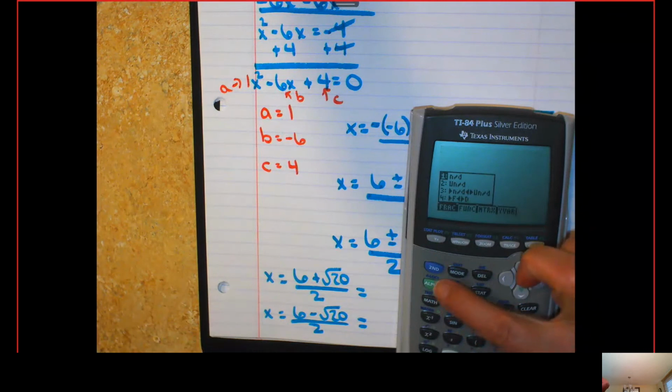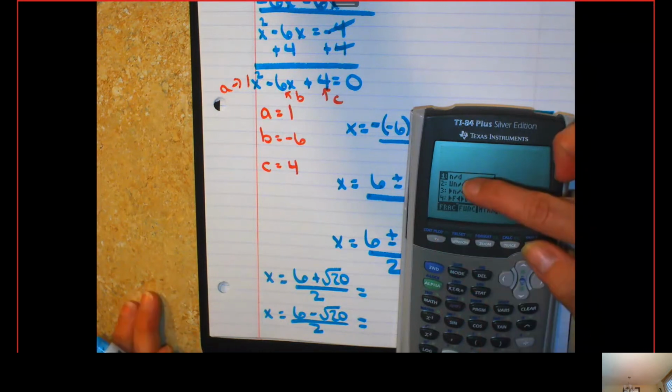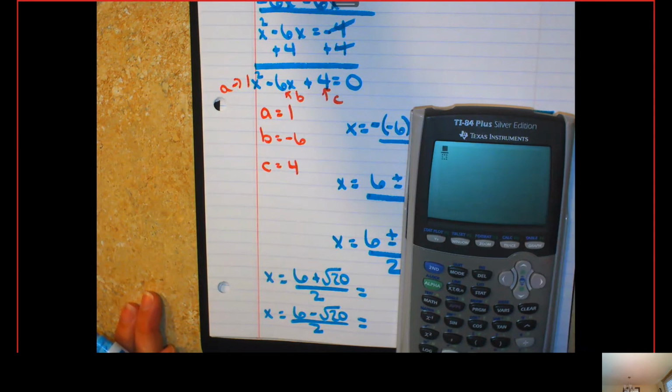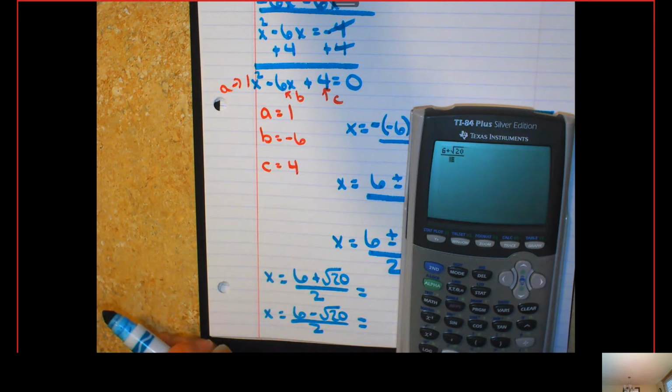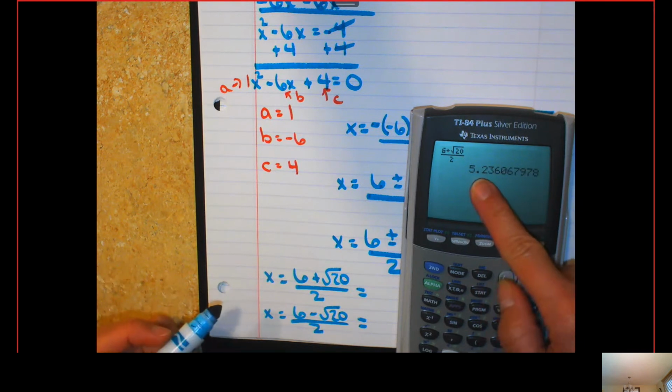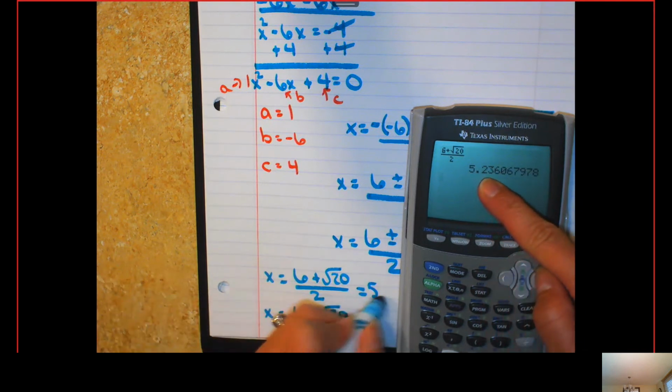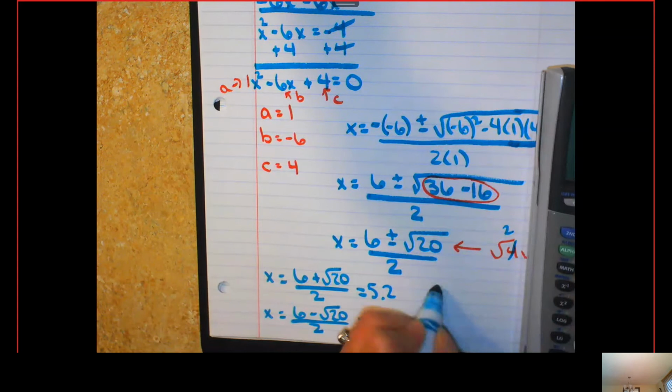Then number 1 means numerator over denominator, that's your fraction, so you can hit enter. On the top I can type in 6 plus radical 20, arrow down, and type in 2. That will give me my answer. Rounded to the nearest tenth would be 5.2. So my first answer is 5.2.